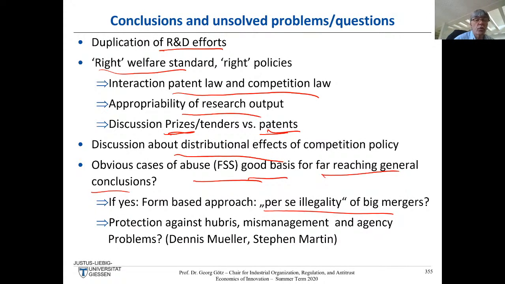As soon as you're of a certain size and the market share increment is too high, you would just ban this. And this could even provide some protection against hubris, mismanagement, and agency problems. These are all topics discussed by colleagues like Dennis Müller and Steve Martin.